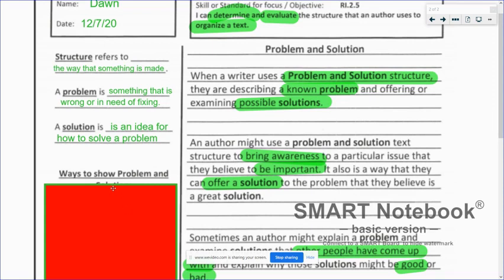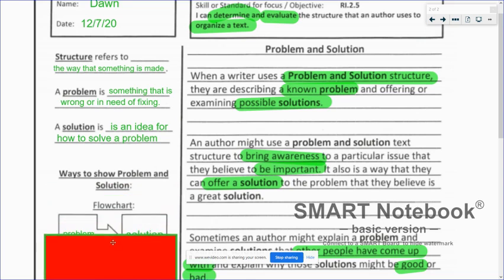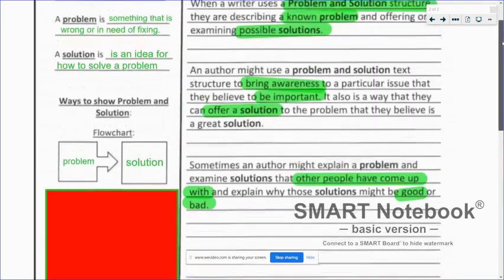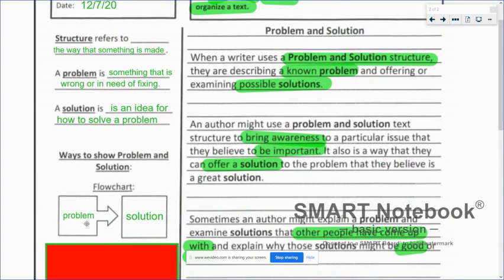The next section has some illustrations that go with problem and solution, and one is a flow chart. And I'd like you to put inside the flow chart here, problem, and then it's got the arrow pointing to the solution. Now know that you could have multiple solutions, but problem and solution should go inside that first illustration.